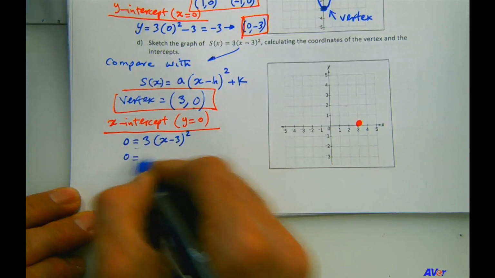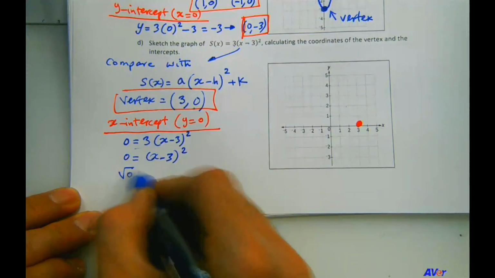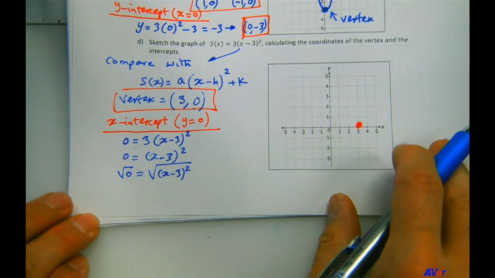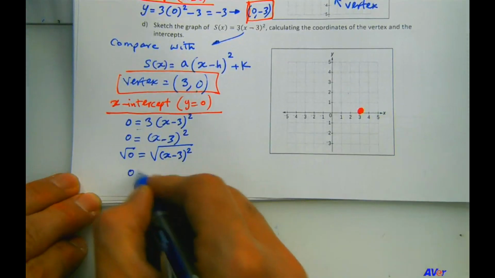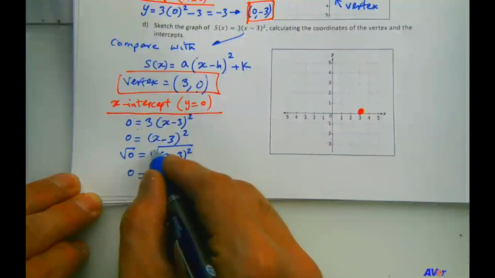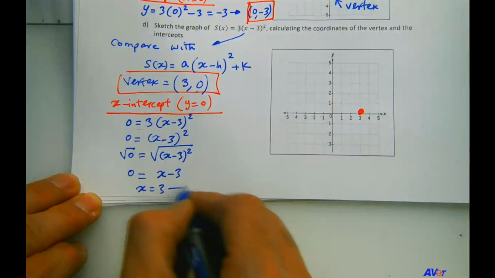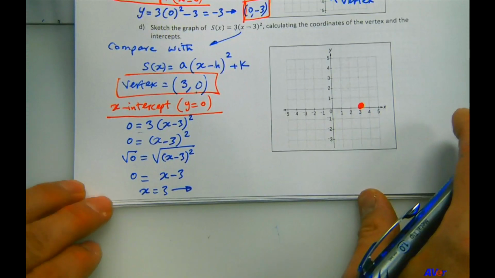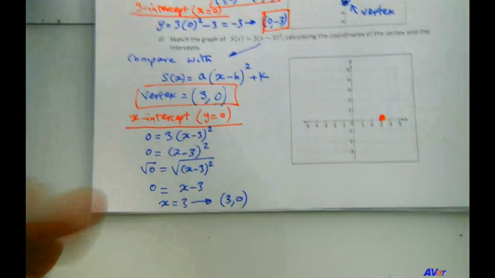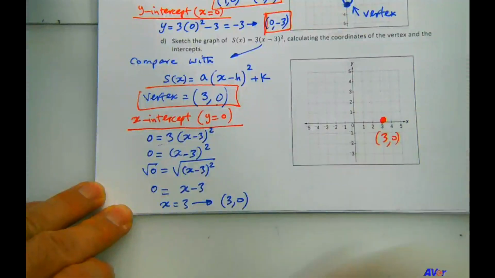We get 0 equals x minus 3 squared. Take the square root of both sides. We get 0 equals x minus 3. The 2 and the square root index cancel each other out. So x equals 3, which means the x-intercept is 3, 0, which we have, right? That is right here, that point.